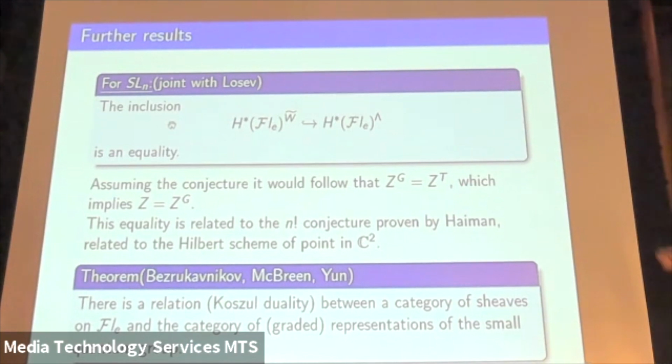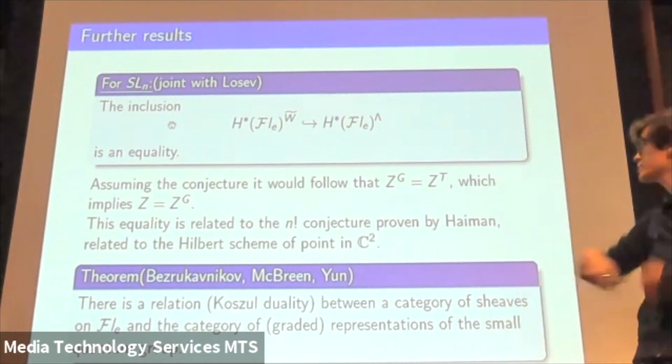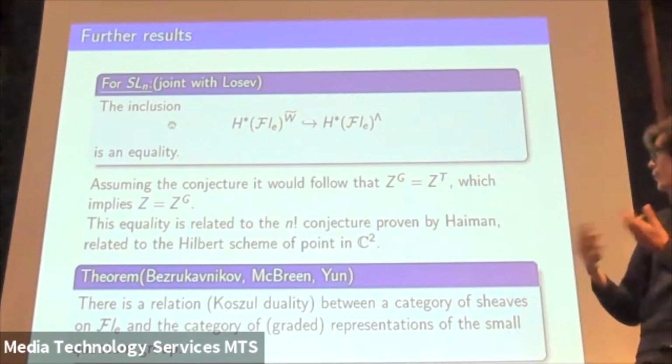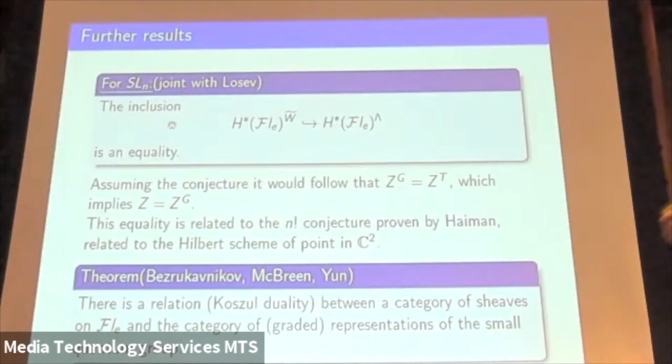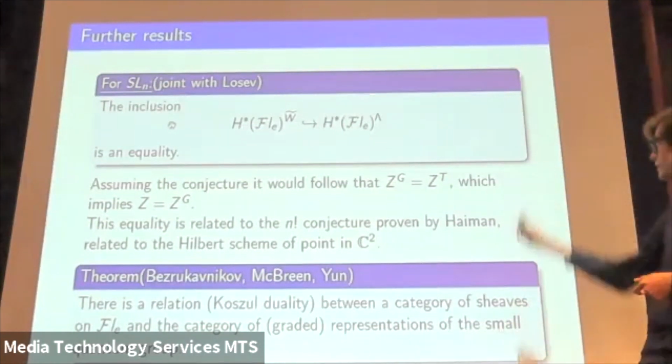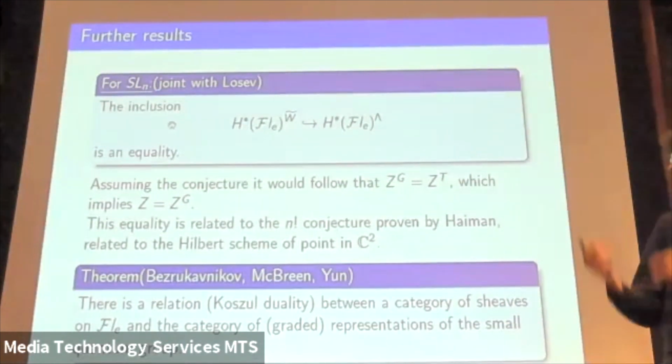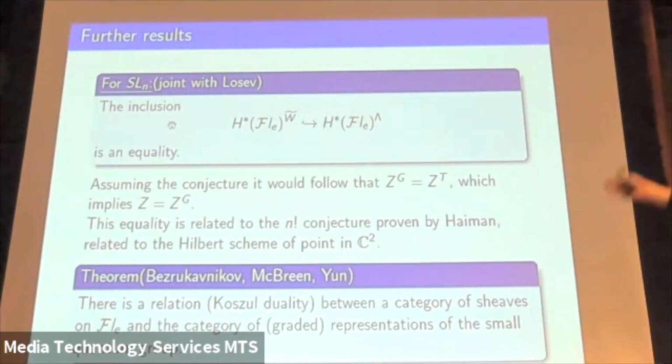And an interesting question would be to understand, in the other groups where the action is non-trivial, can we say something more precise about the non-triviality of the action? How is this related precisely to these singularities in the analogs of the Hilbert scheme of points for other groups?